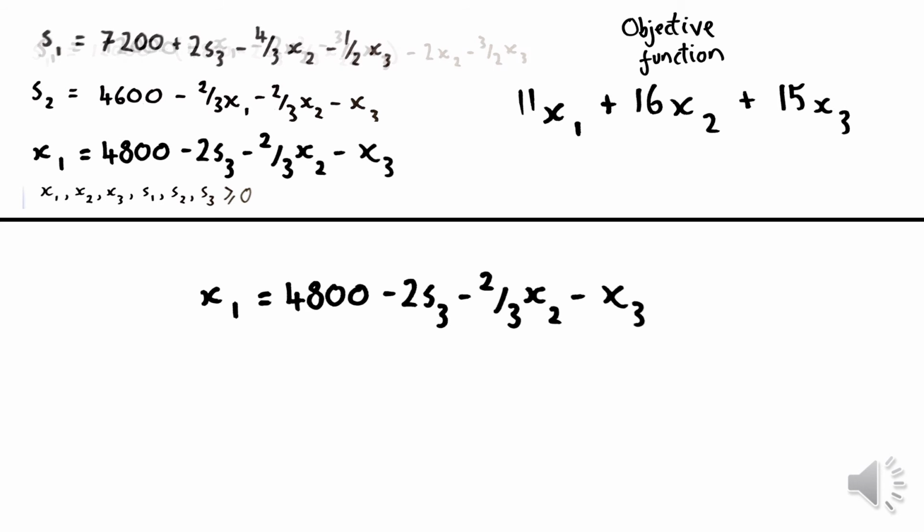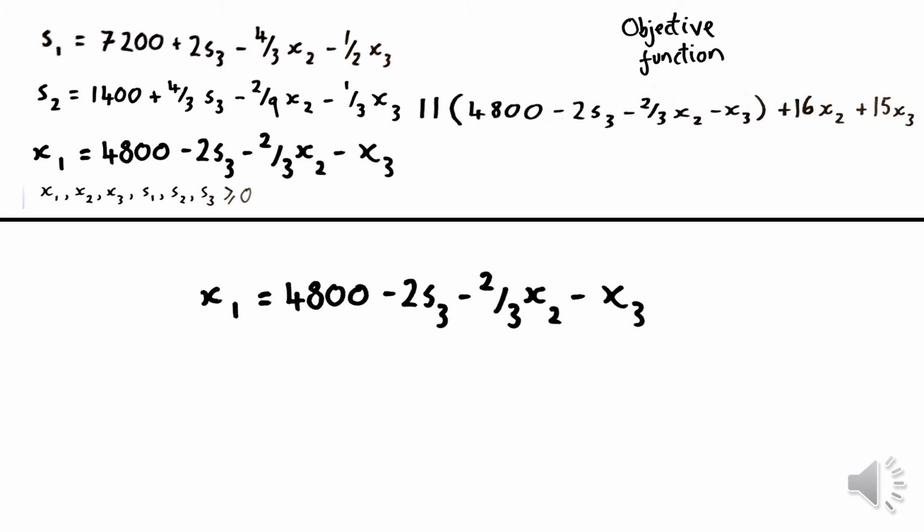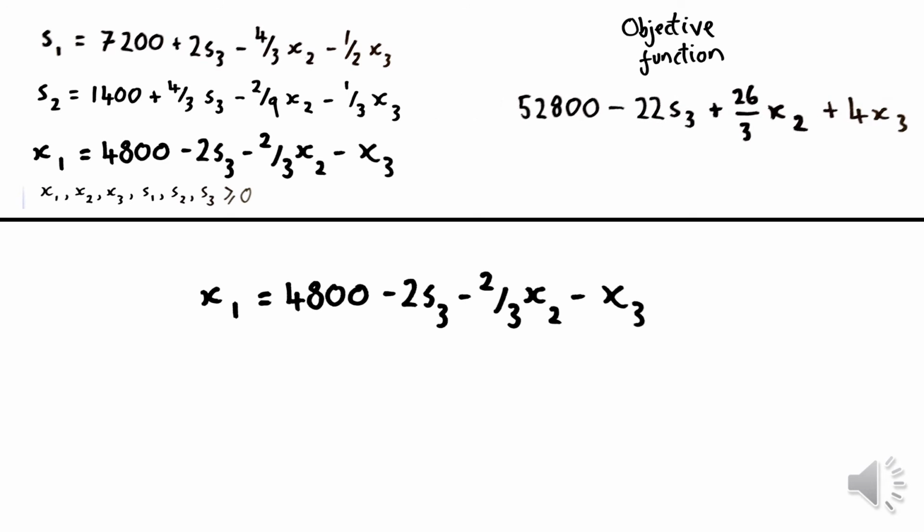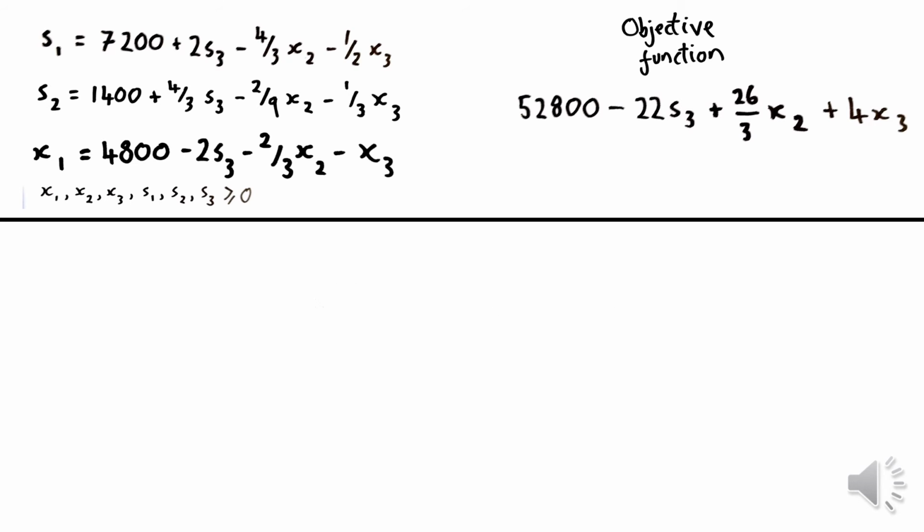In the first constraint, then in the second constraint, and finally in the objective function. Now the basic variables are s1, s2 and x1. The operation that we've just performed is called a pivot. The non-basic variable x1 is known as the entering variable, and the basic variable s3 is known as the leaving variable. Let's perform another pivot.